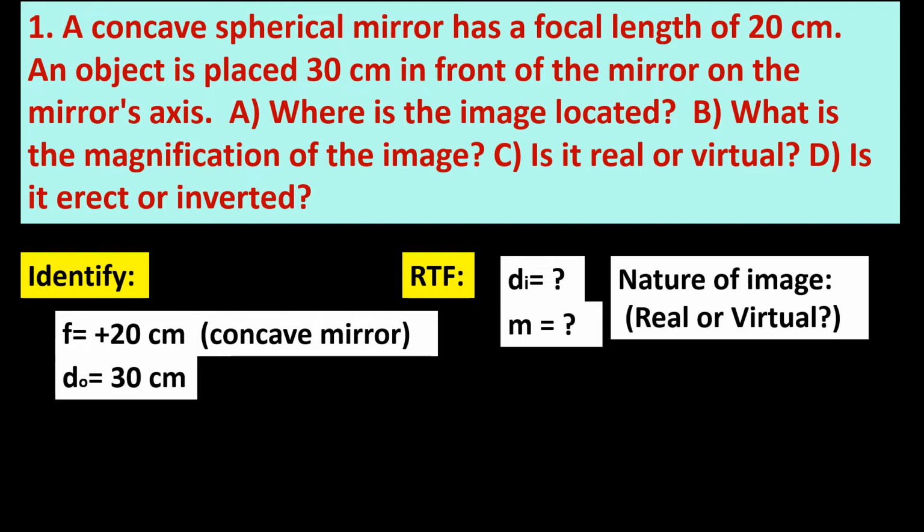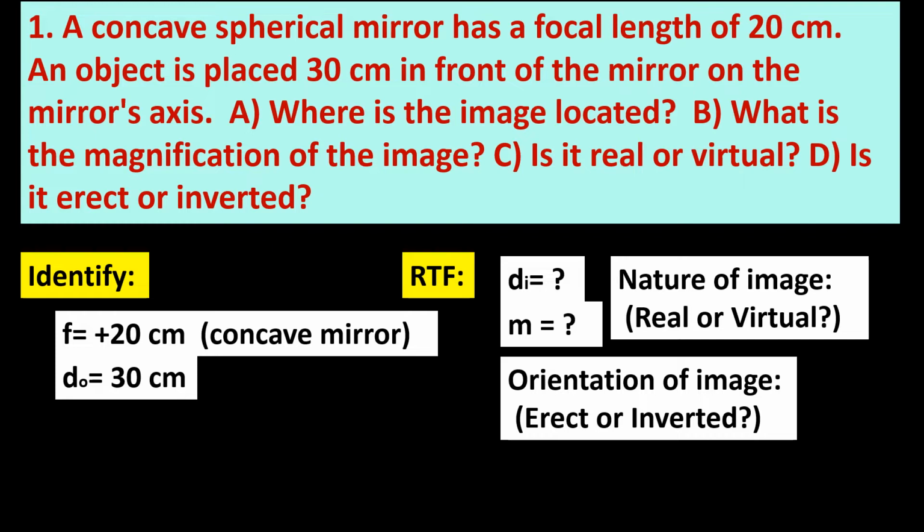And likewise, we are to describe the nature of the image, whether it is real or virtual. And the last is for us to determine if the image is either erect or inverted.